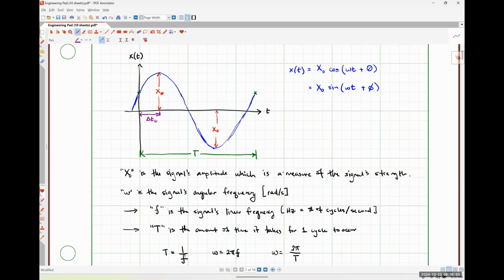What is the sine of 0? 0, right? So we would expect if we were representing this signal as a sine function, that it would start at 0 and increase from there. But instead, it's starting at some time less than 0. And I'm going to call this delta t sub s because it's the change in time for the sine function, okay?